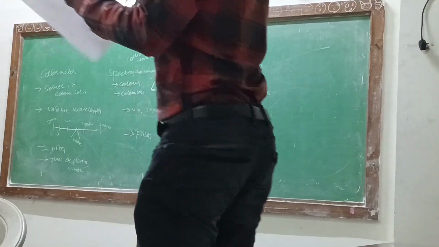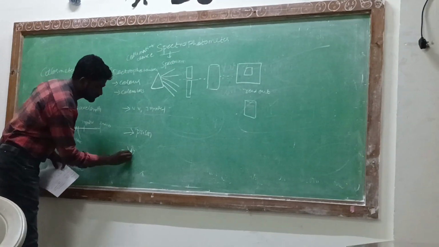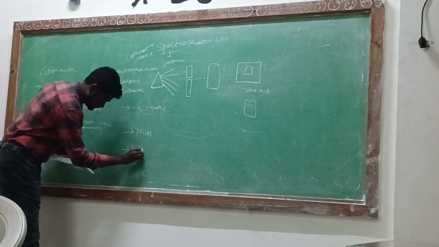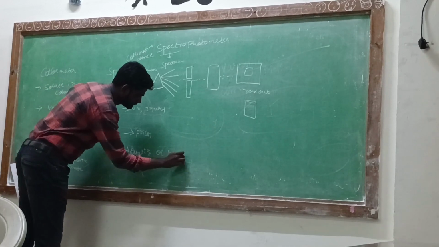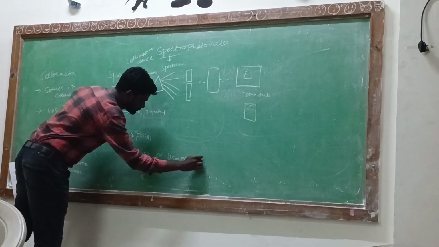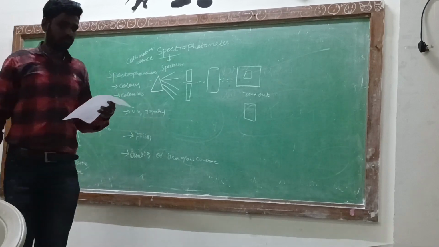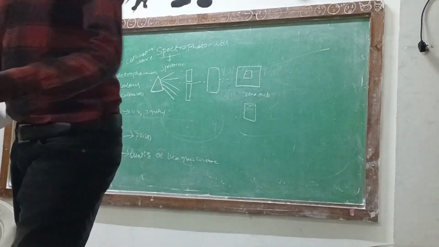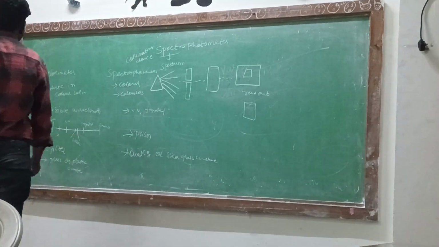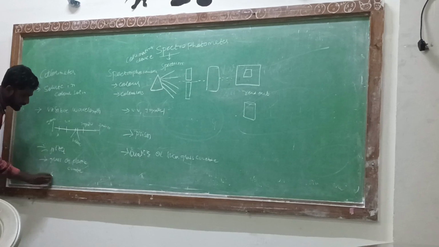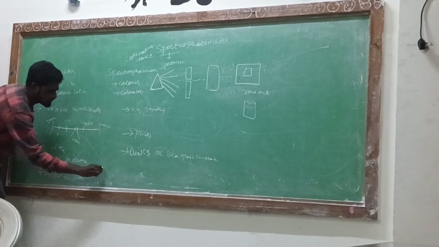But in the case of the spectrophotometer, it should be quartz or silica glass. Now the fifth differentiation: the colorimeter is less accurate, whereas the spectrophotometer is more accurate.